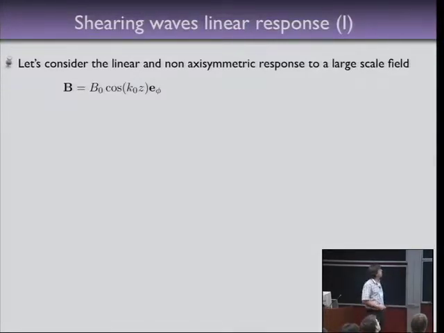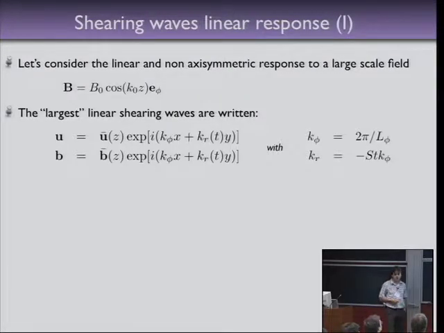So let's consider the linear response to a non-homogeneous field of this kind. I just put a B phi, which is a function of z, with a very simple function, a cosine. And on top of that, I put some non-axisymmetric waves, which have the largest azimuthal wave number. So this is a classical picture for non-axisymmetric waves.